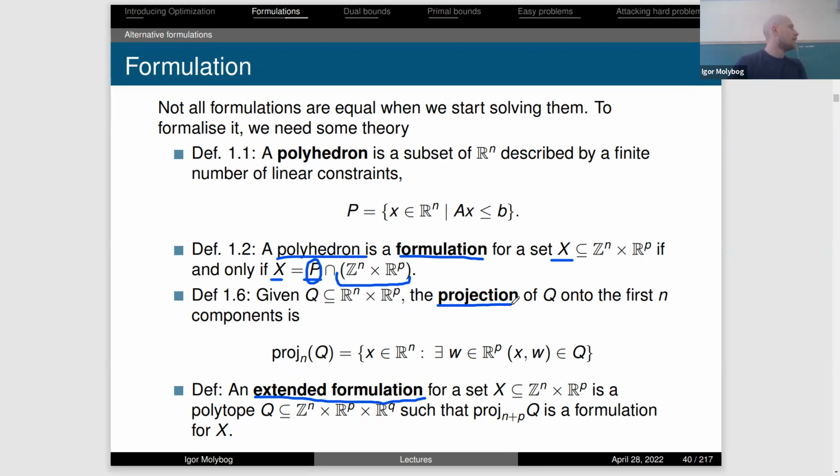So we say that a polyhedron, probably in a larger dimensional space, is an extended formulation if after a projection of this polyhedron onto a lower dimensional space, we get an actual formulation for the set X under consideration.